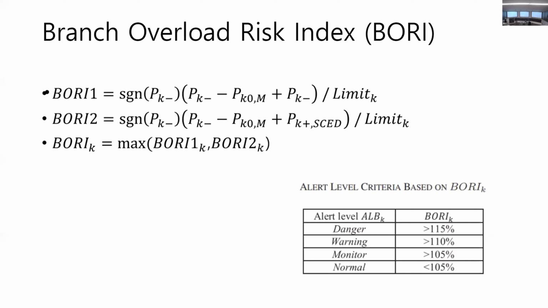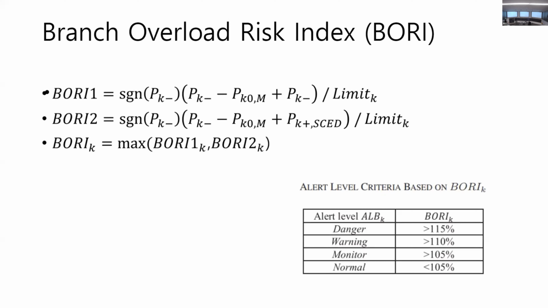The limit K here is the thermal limit of branch K, which is determined by the physical properties of the branch. We obviously don't want to overload our transmission lines with too much current, or it may cause physical damage. And after calculating the values for BORI 1 and BORI 2, the BORI value for branch K is determined by taking the maximum between the two BORI values.